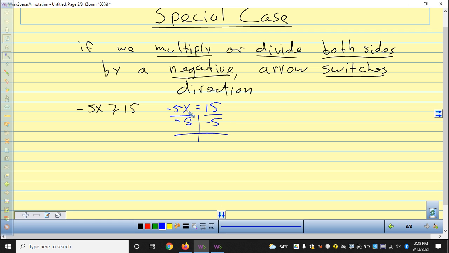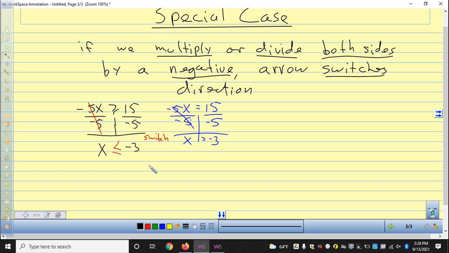These go away, and I get x equals negative 3. We're going to do the same thing here. We're going to divide by negative 5. But we're going to think to ourselves, I'm dividing both sides by a negative, so we're going to switch the arrow. These go away, and I get x is less than or equal to negative 3. So my arrow switches direction because I divided both sides by a negative.